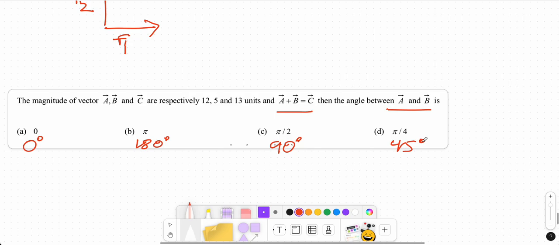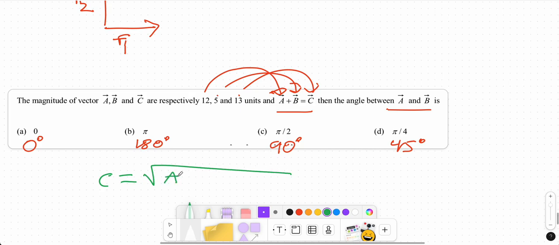Let me solve it. So the magnitude of A is 12, B is 5 and C is 13. So I will write C is the resultant, that is equal to root over A square plus B square plus 2AB cos theta.